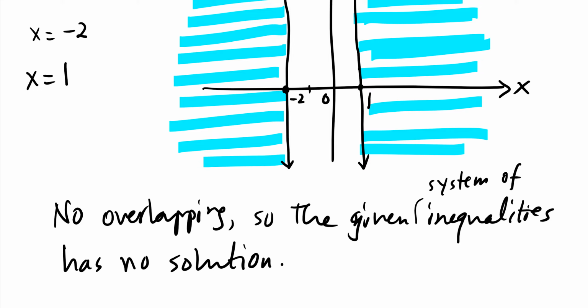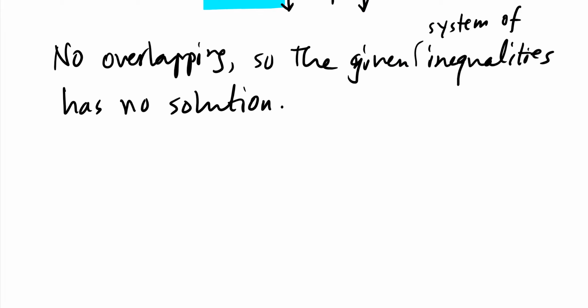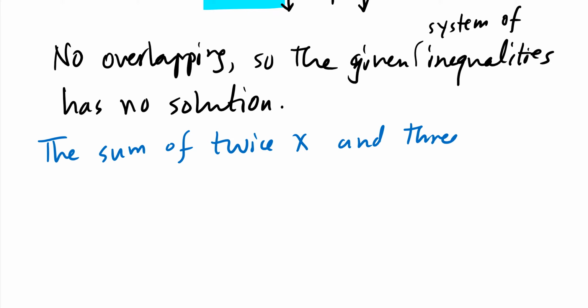So this is like a homework problem, and they ask you to graph this. In the back of the book they would say no solution. Can they represent this as a word problem? Like they ask us to do it as a word problem. The sum of twice x and 3 times y is no more than 6.